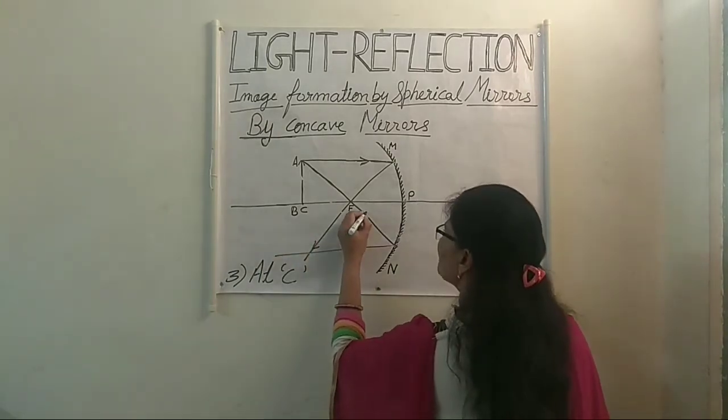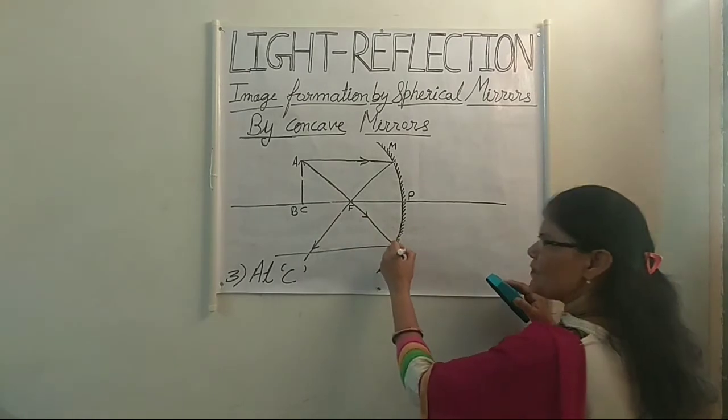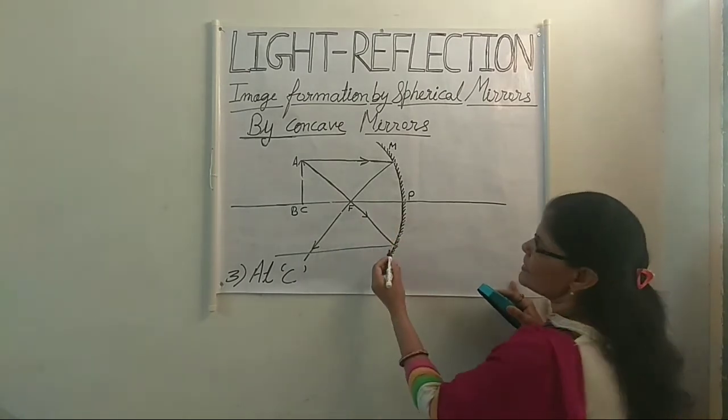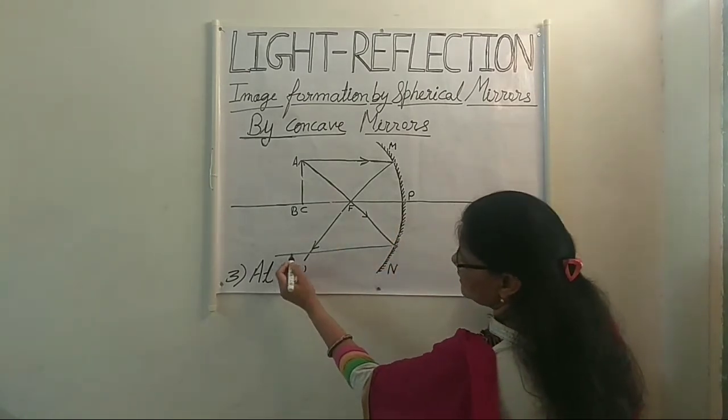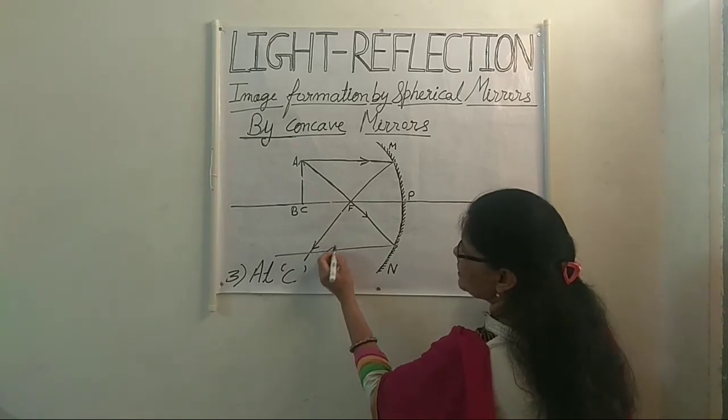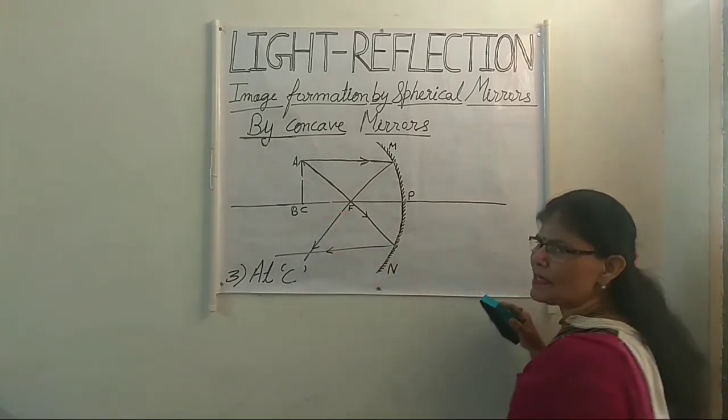So arrow should be here. This is the incident ray which passes through the principal focus. Then this is our refracted ray, which after reflection will be parallel to the principal axis.